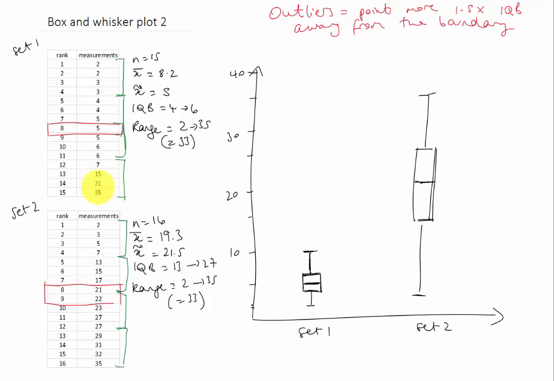So here the 15, 21, 35 we have to mark separately. So the whisker is 3, which is 2 times 1.5, and the 2 comes from here. And here the interquartile boundary range is 14, so times 1.5 is 21, so 27 plus 21 would be 49.